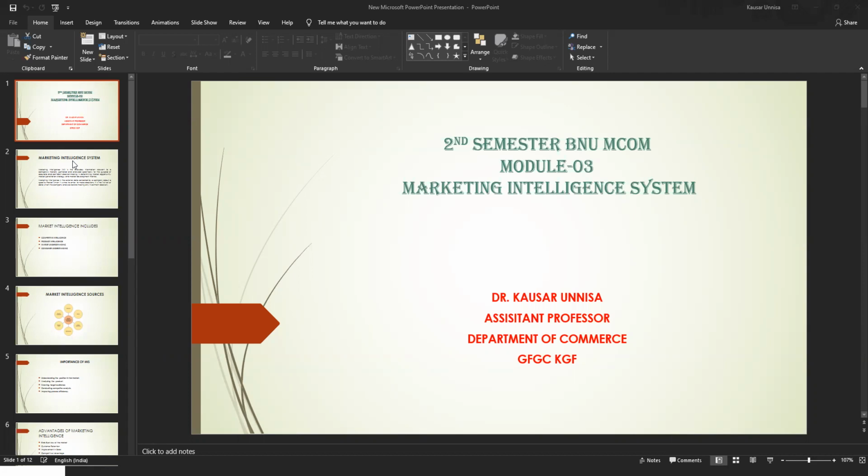So we can say that it is going to provide the required data to the managers belonging to the external environment which is seen towards the customers.